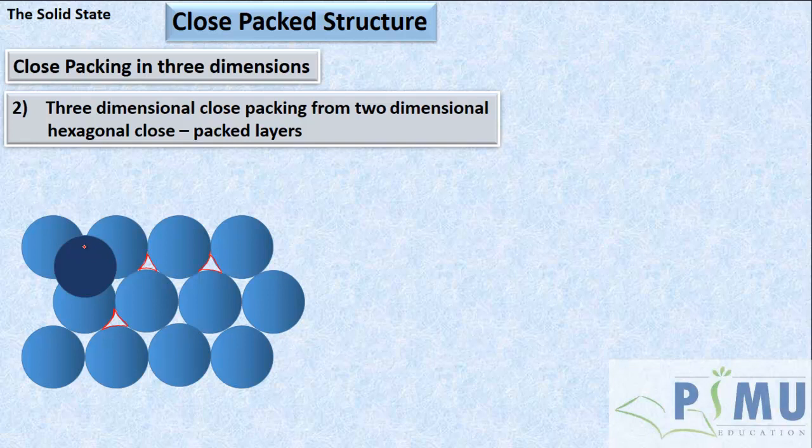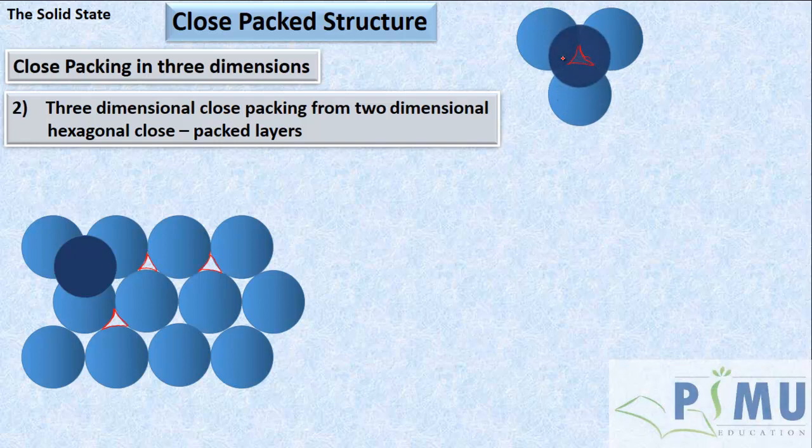When we arrange like this, you know what happens? When we close this space present between these three particles, it creates a kind of space, or we call it a void, between these 4 particles, and this void or space is called a tetrahedral void.